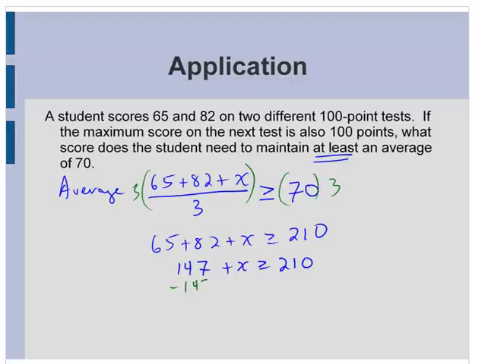And let me subtract the 147 from both sides. And so x is greater than or equal to, let me do some subtraction here. x is greater than or equal to 63. So the score needs to be at least a 63.